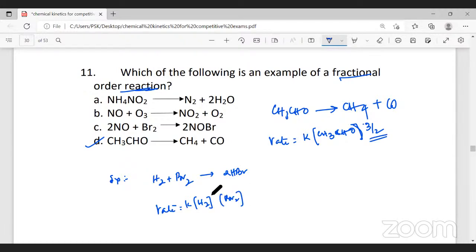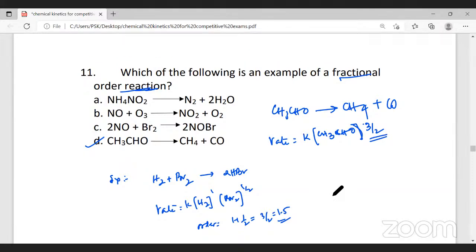When you determine the order experimentally, the order with respect to hydrogen is 1 and the order with respect to bromine is half. Therefore, the overall order is 1 plus 1 by 2, which is 3 by 2, or 1.5. Here also it is 1.5. These two examples you should remember: one is decomposition of acetaldehyde, the other is photochemical combination of hydrogen and bromine.